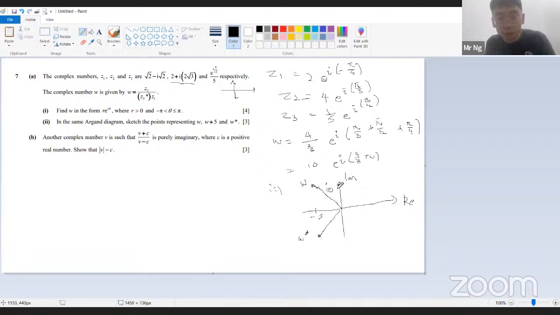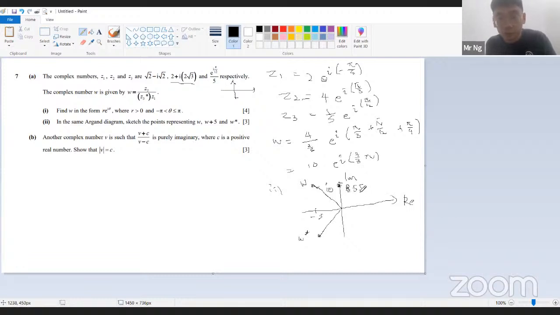Then here is 8 something. I want to give it in exact form, so this is 5 square root 3.